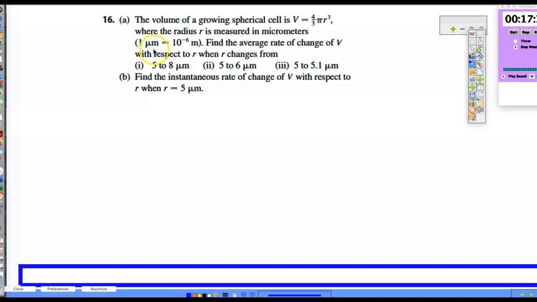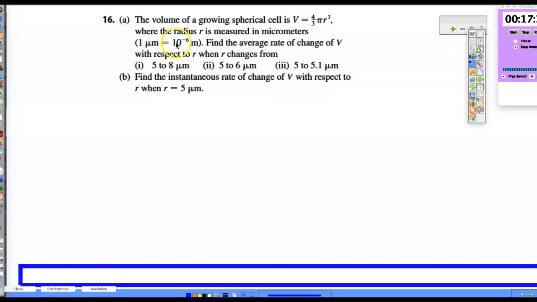Find the average rate of change of V with respect to r when r changes from 5 to 8.